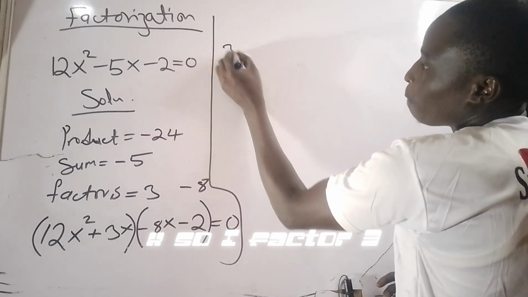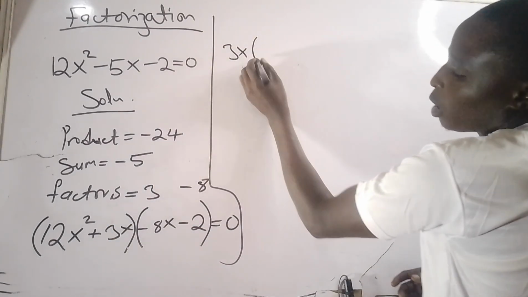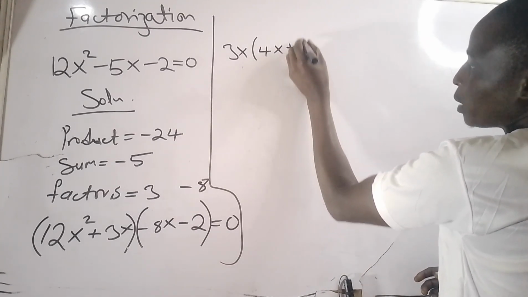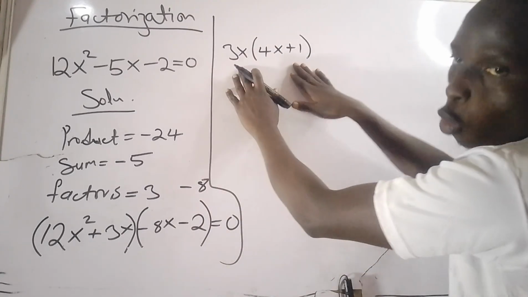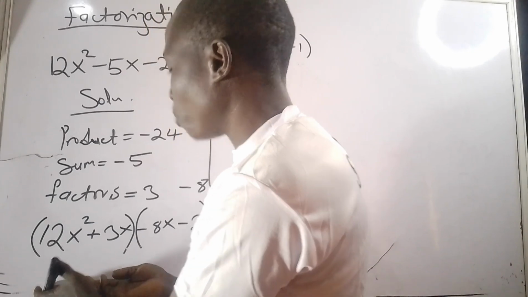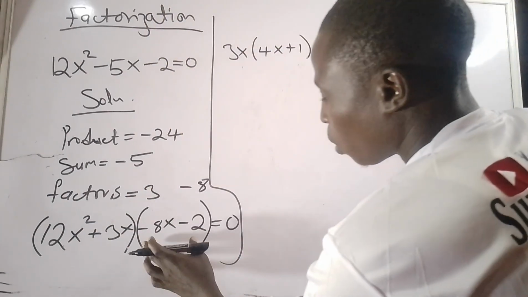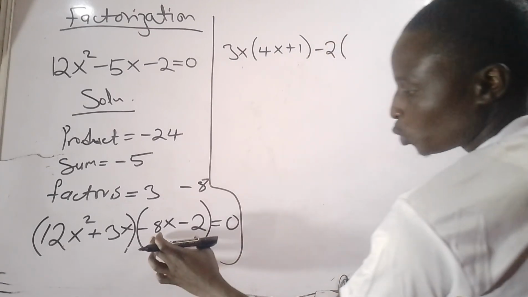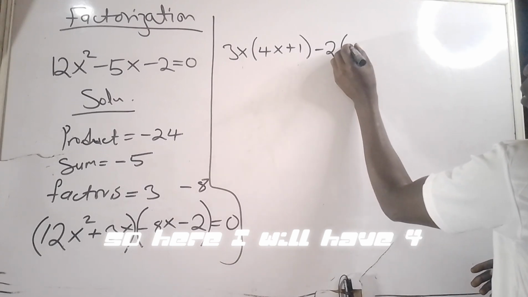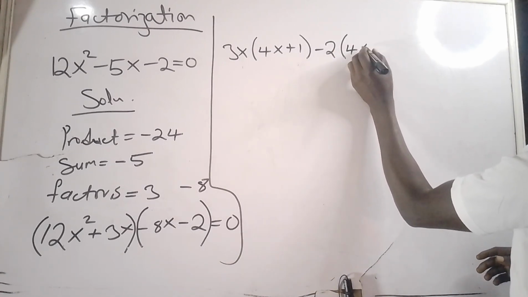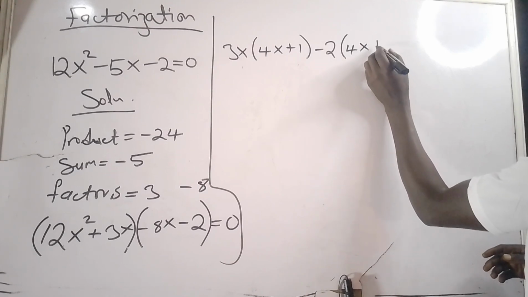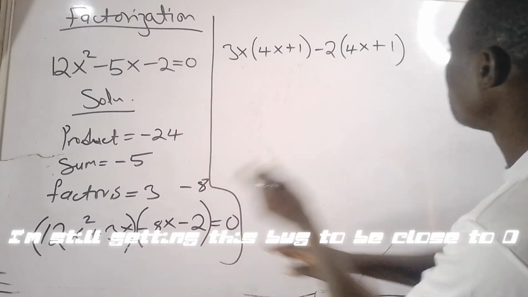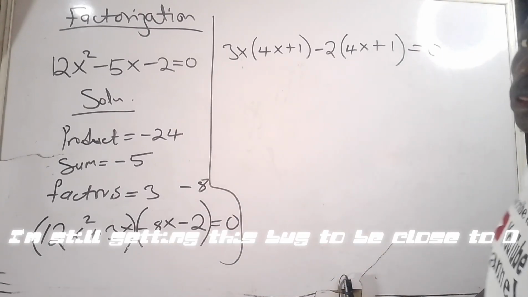So I factor 3x out, open bracket, and put 4x plus 1, because by the time we open this bracket, we definitely get this back. What is common here is negative 2. Negative 2 is common here, so here I will have 4x plus 1, because when I open this bracket, I still get this back, equal to 0.